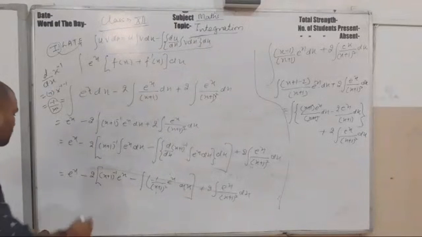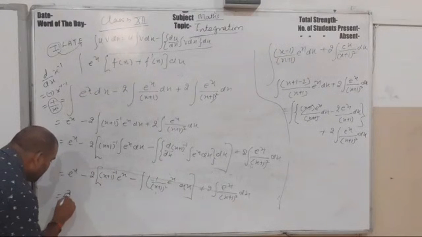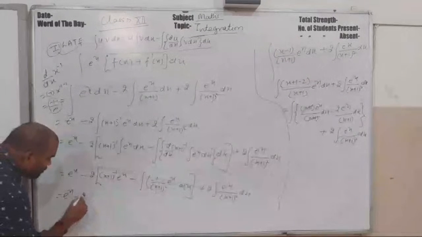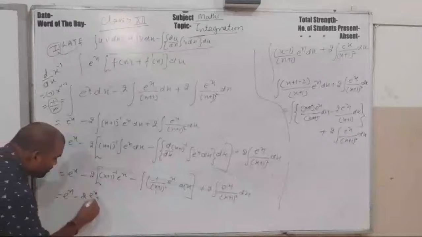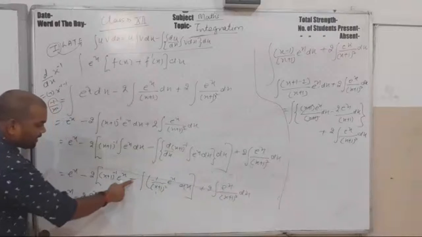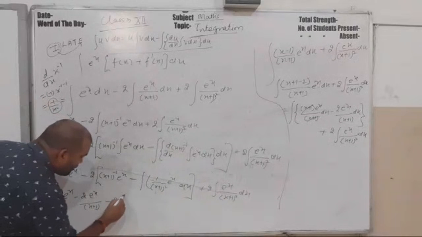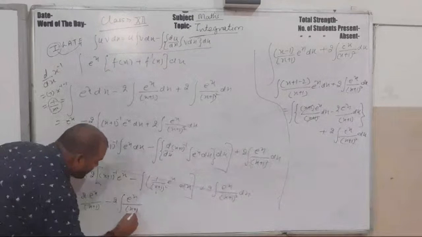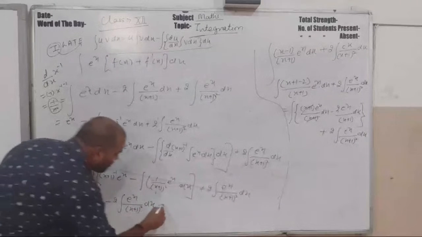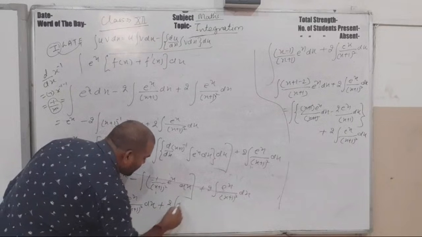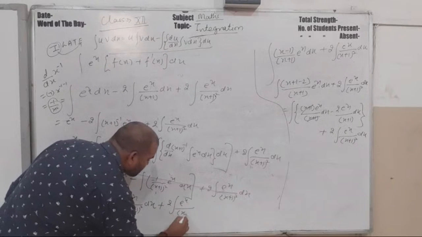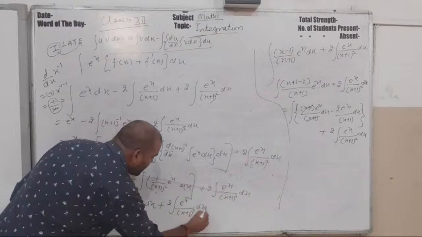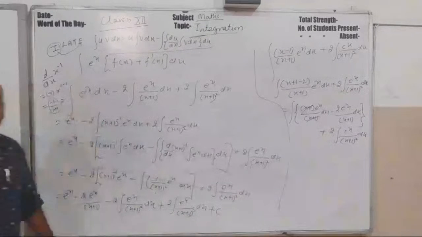So this portion remains. This becomes 2 times e to the power x, and minus minus plus, so minus minus 2 times the integral of e to the power x upon square of x plus 1 dx, and plus this part, 2 times the integral of e to the power x upon square of x plus 1 dx, plus a constant c.